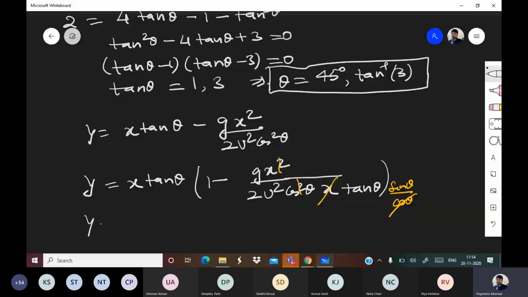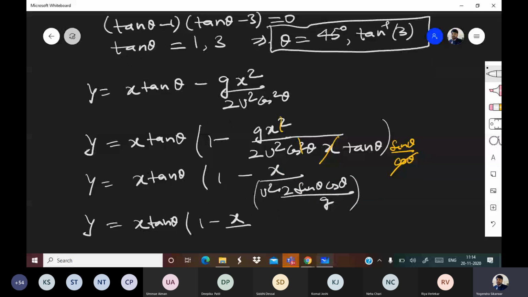So y will be x tan theta in the bracket 1 minus x upon u square into 2 sin theta cos theta by g. What is this? It is r. So y is equal to x tan theta 1 minus x upon r.